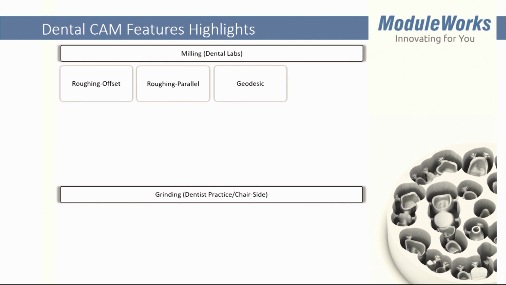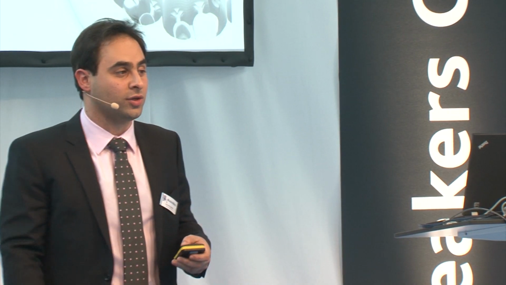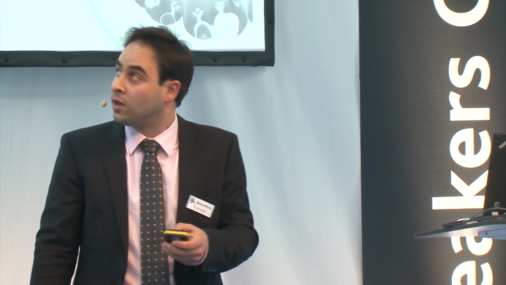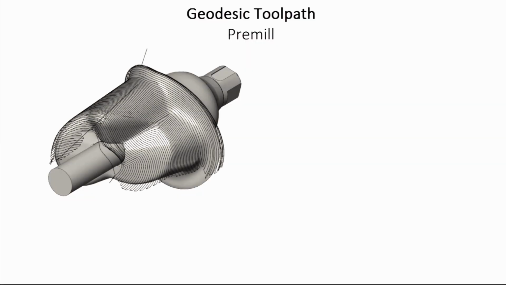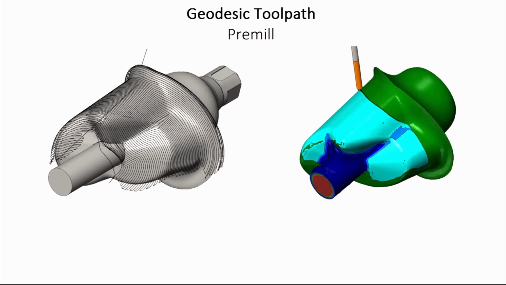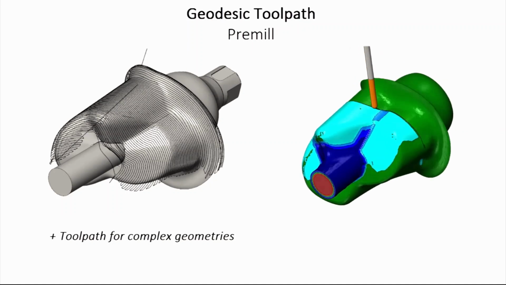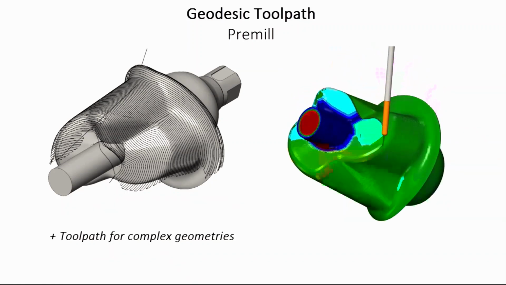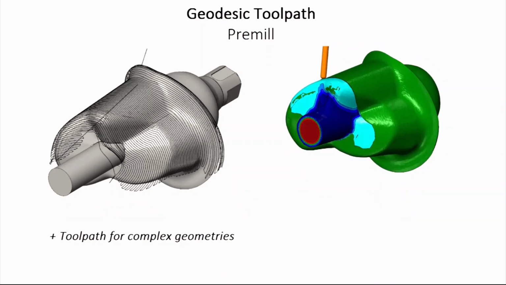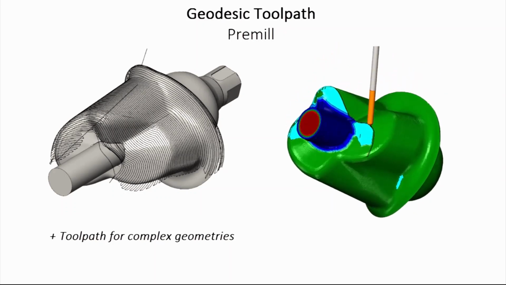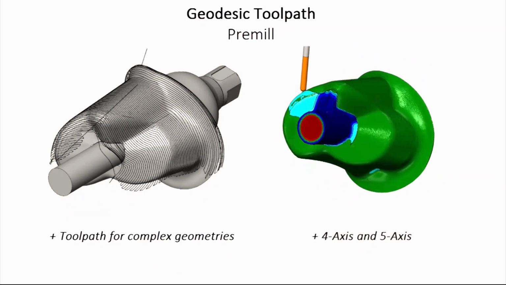Geodesic. This is one of our big developments which we launched recently. What it does is generate equidistant toolpaths on any kind of 3D geometry and complexity. Here we can see this abutment with steep and undercut areas, and we can see how the toolpath is kind of homogeneous and equidistant on this complex shape.